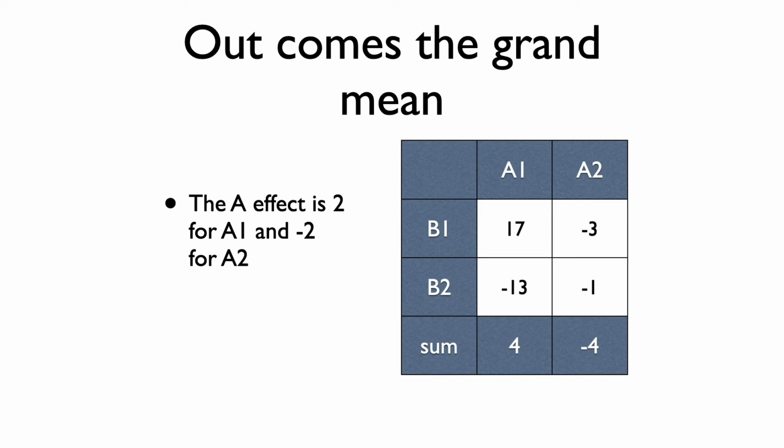Now the effect of A. Let's do the effect of A first, and then the effect of B, okay? So we'll do this. 17 minus 13, so we get 4, negative 4. Oh look, they sum to 0.